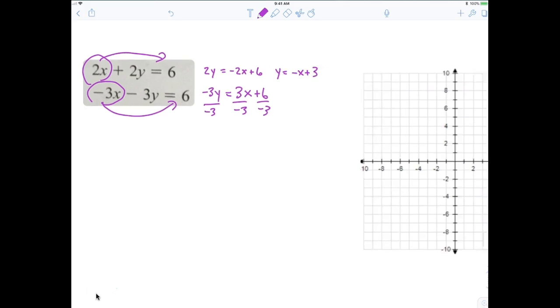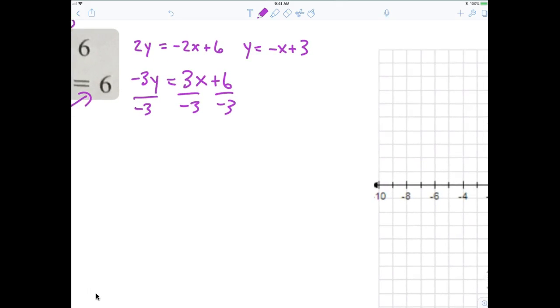So from there, I get y equals -x minus 2. What is 6 divided by -3? Good or not?